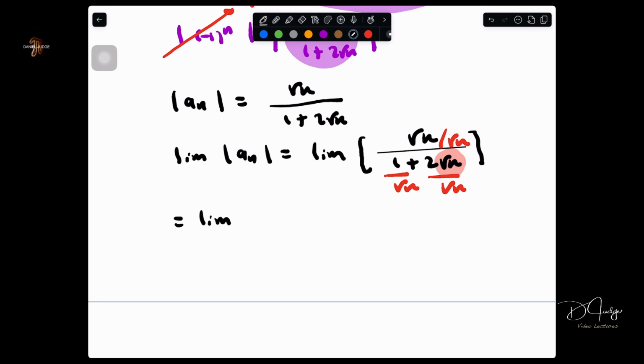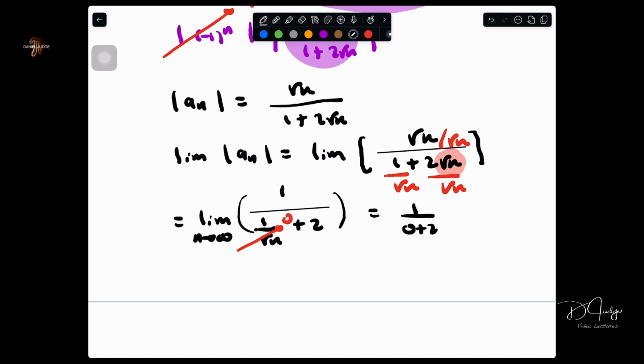So you get the limit of 1 over the square root of n plus 2 as n goes to infinity. This will go to 0, which means your limit goes to 1 over 0 plus 2, which is 1/2. That limit is not 0.